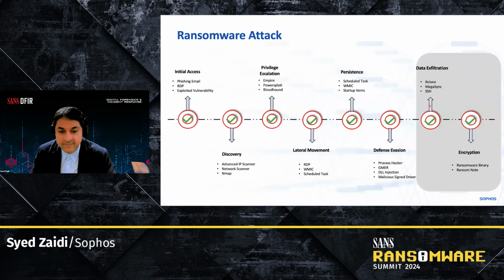So they will now use tools like rclone, MEGA, etc., to take out your data, and then they will encrypt your machine as well. But this discussion will be incomplete if we don't discuss the 6 phases of incident response. And here we go.